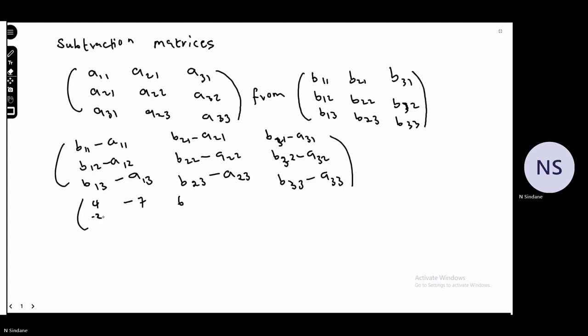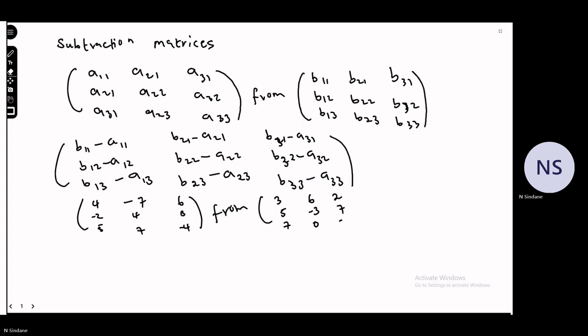This is similar to the one that we did when we added. We need to subtract this from 3, 5, 7, 6, -3, 0, then 2, 7, 2. So we need to subtract this from that.